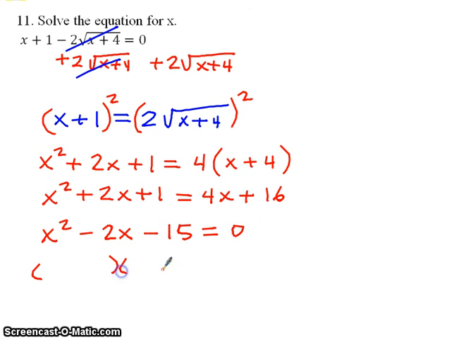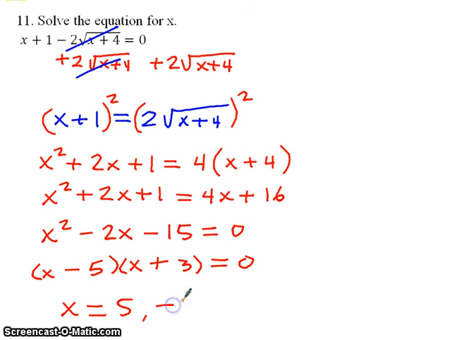And we've got a factor. We have a 3 and a 5, and a minus 5 and a plus 3, which gives us x is equal to 5 and negative 3. There's a problem with one of these, so let's plug them in and see which one gives us a problem.